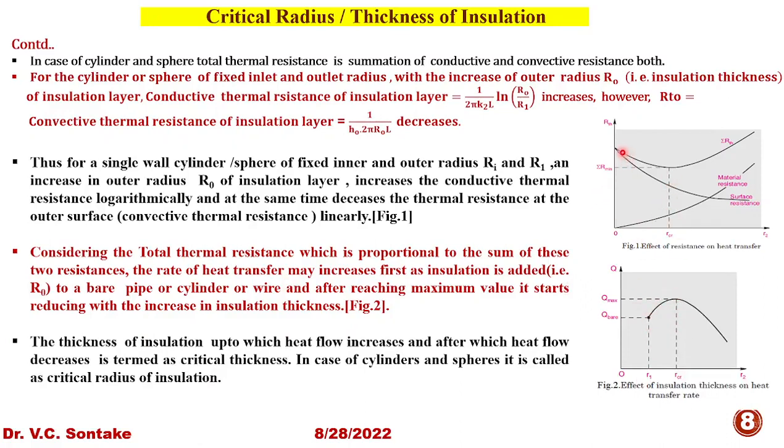As the total thermal resistance decreases, first the heat transfer rate will be increasing. At this point, the total thermal resistance will be minimum, so the heat transfer rate will be maximum. Beyond this point, total thermal resistance increases, so the total heat transfer rate will decrease, because Q is inversely proportional to thermal resistance.